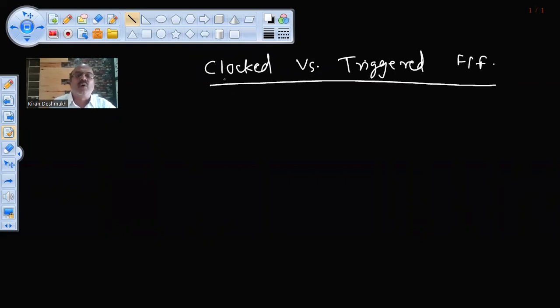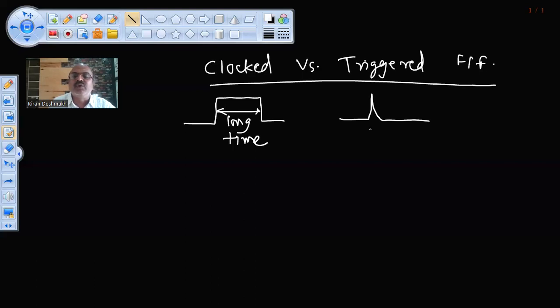In the clocked flip-flop, the clock input will remain 1 until and unless you make it 0. Okay, so this is a long time. Whereas in case of triggered, it will remain 1 for a very short time.